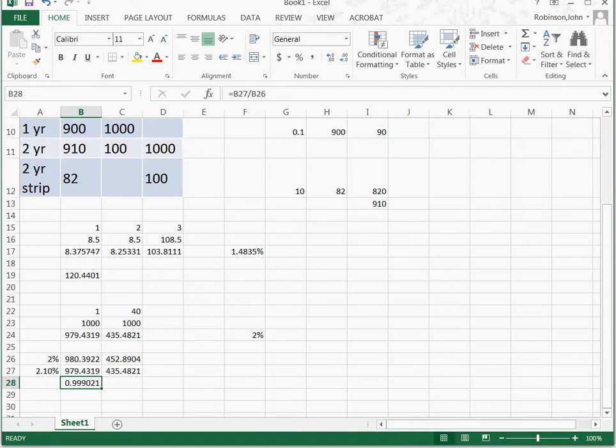Okay, 0.1% versus 4%. So think what that means. If I look at the volatility of prices for these bonds, how much the prices move, this bond is not going to move very much when interest rates change, and this bond is going to move a lot when interest rates change.